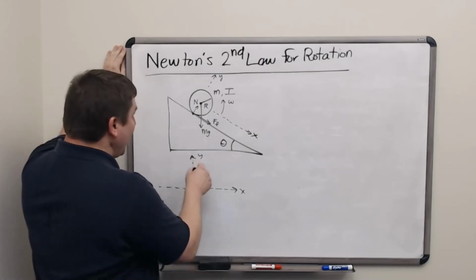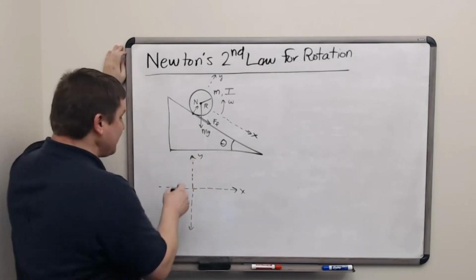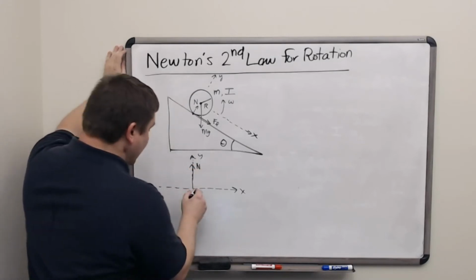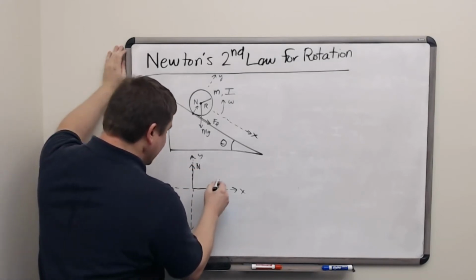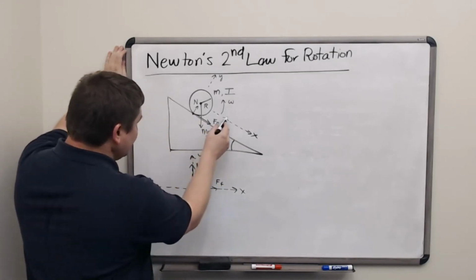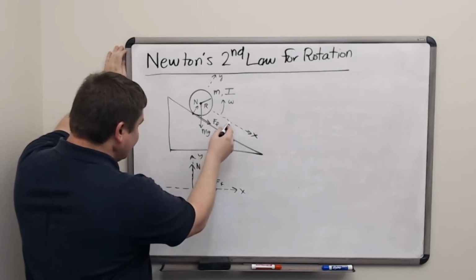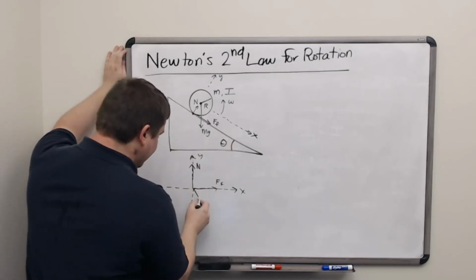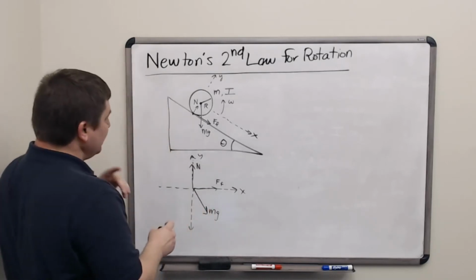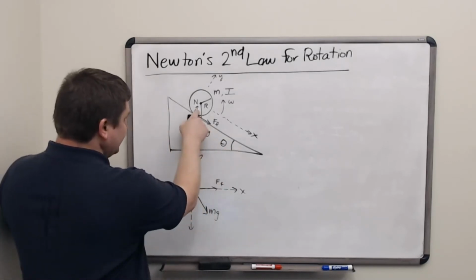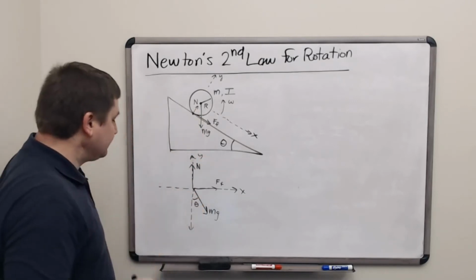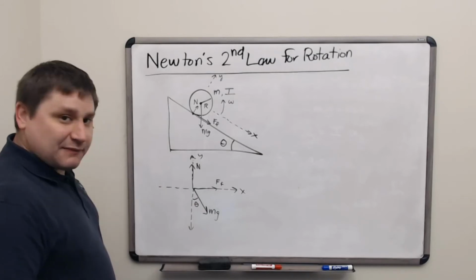Okay, so this y direction is still perpendicularly away from the ramp, so this is where the normal force points. The frictional force we assumed would point in the positive x direction, and then the gravitational force is between x positive and y negative, so it points in this direction somewhat. If I look at the angles here, this angle is similar to this angle there, so here is the angle theta.